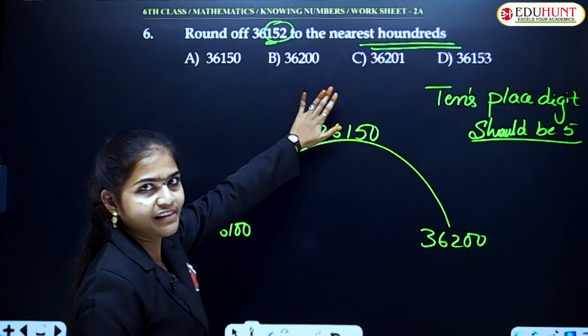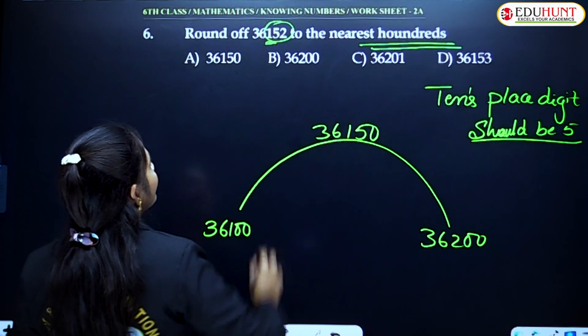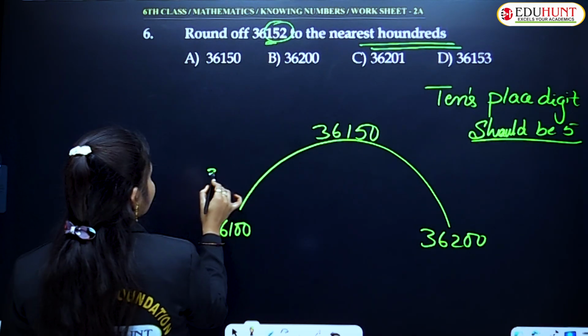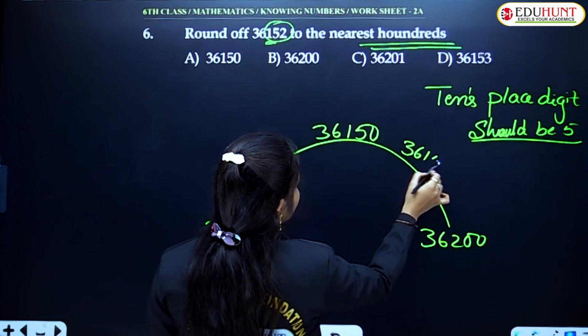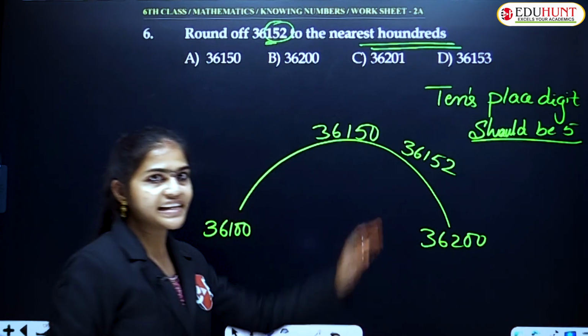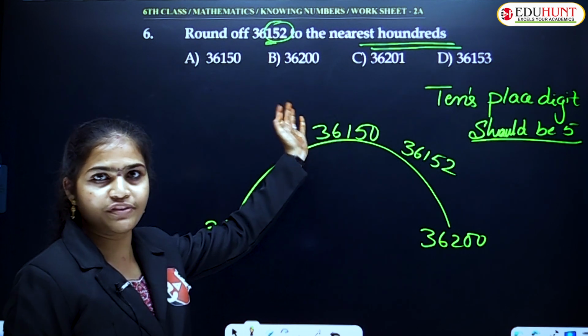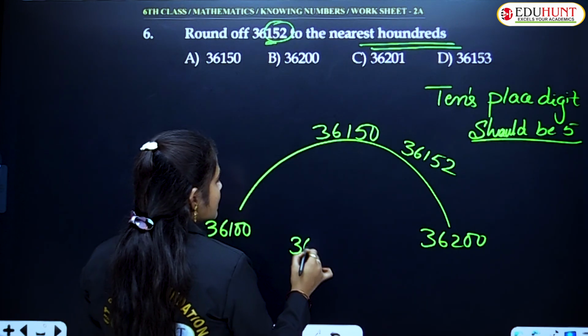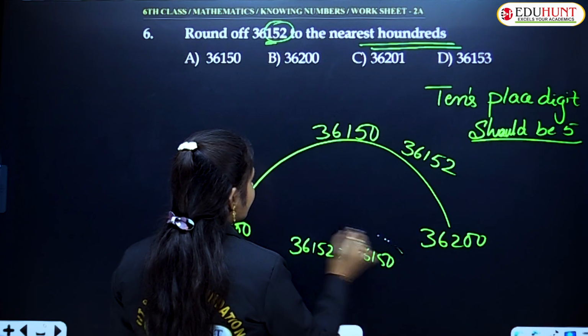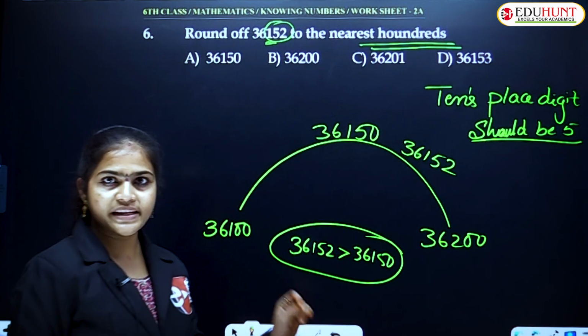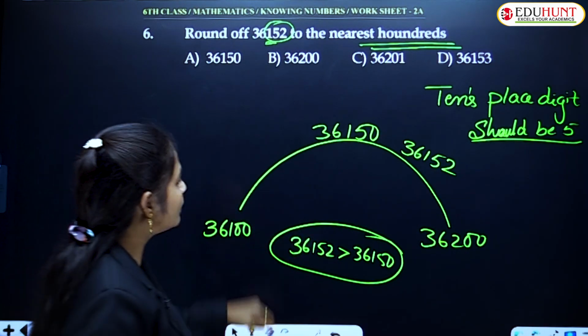We are writing at least the middle value here. So 152 means where will it be? 36,152, which is greater than 36,150 only. 36,152 is greater than 36,150.